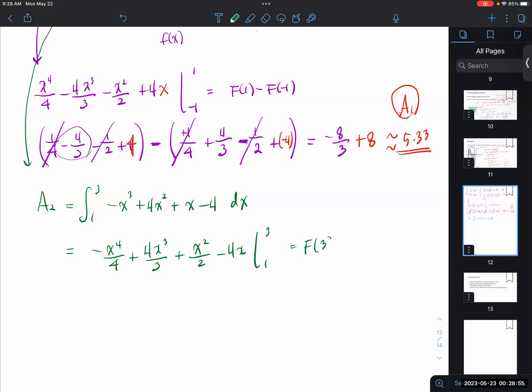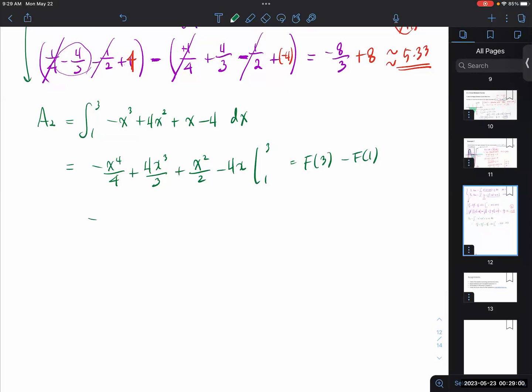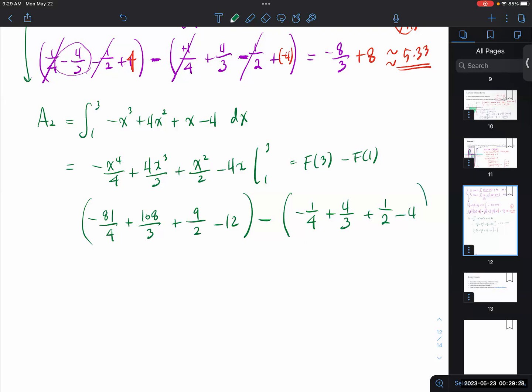So 3 minus 1. So minus 3 to the 4, you're going to calculate as 81, and that is going to be negative 81 over 4. 4 times 3 to the 3, 27 times 4, 108 over 3, 9 over 2, 12. This one, minus when x is 1: negative 1 over 4, 4 over 3, 1 over 2, 4.